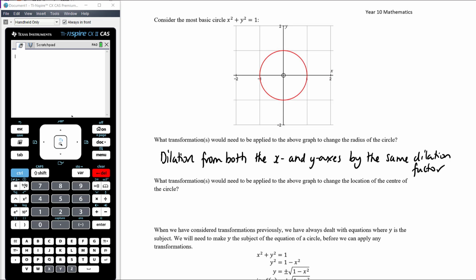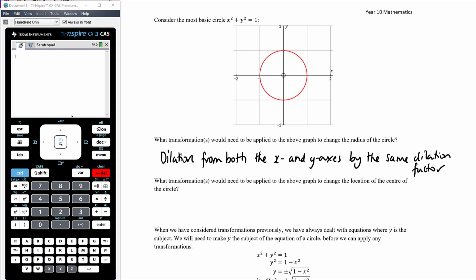So we would need 2 dilations in order to change the radius, dilation from the x-axis and dilation from the y-axis. In terms of what transformations we would need to change the location of the centre, well, that's simply going to be about translation. Okay, if I want to move the centre to 2, 1, I'm going to translate to the right by 2 and up by 1.